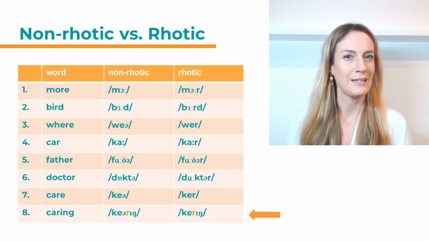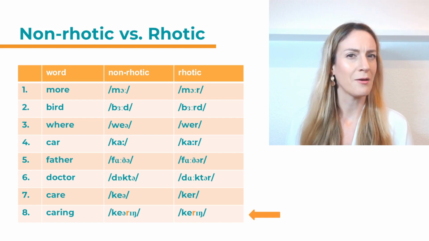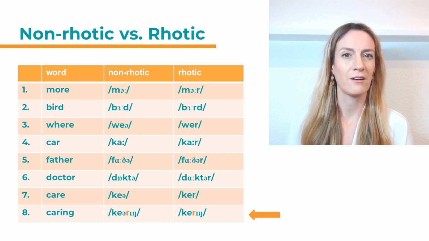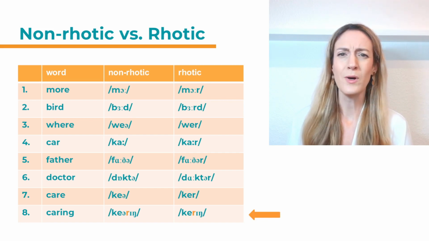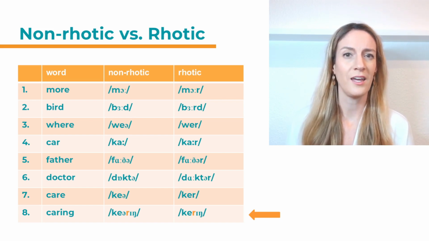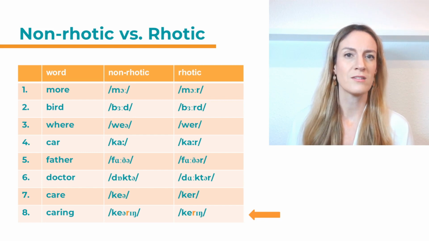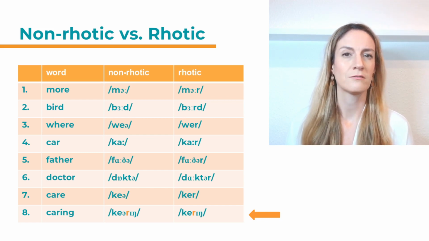Number 8. Did you notice that number 8 sounded exactly the same? Caring, caring. What happened here? Because care and care were different. But when we add the suffix ing, the r now belongs to the second syllable, ring.